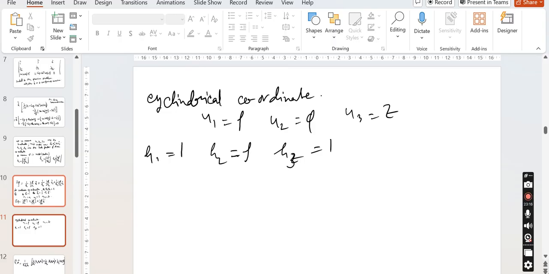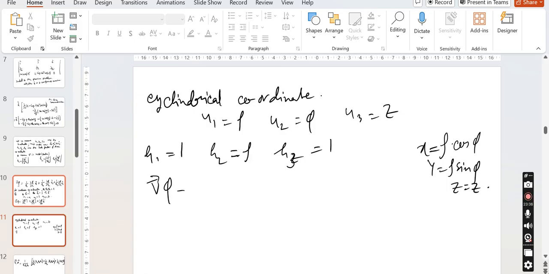And the relation between x, y and these cylindrical coordinates is x equals rho cos phi, y is rho sin phi, z is z.